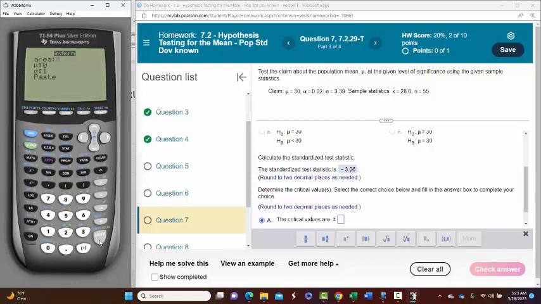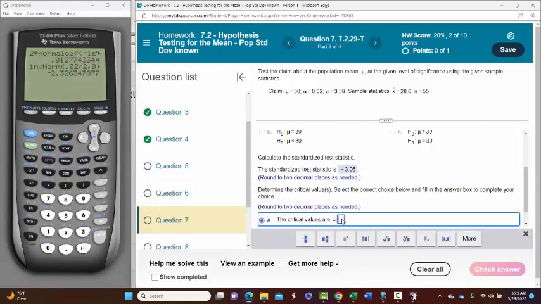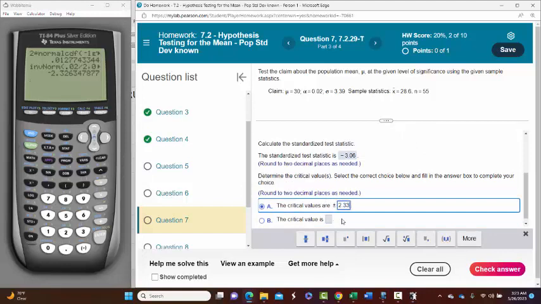The alpha is 0.02, but it's two-tailed, so I have to put 0.02 divided by 2. That will give me the negative number. It wants 2 decimal places. You see it's got the plus and minus symbol already in there.